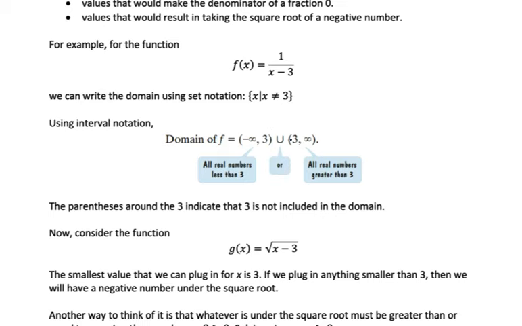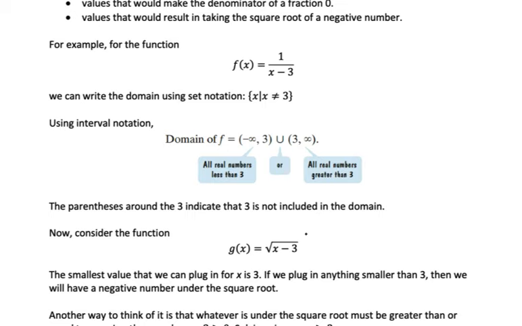This U here stands for union, and you can think of that as meaning or putting these two pieces together to make the total domain. So the domain also includes from 3 to infinity, not including 3, so we have parenthesis around the 3. So basically, this is putting these two pieces together so that the value of 3 is not going to be part of either piece. So the value of 3 is excluded.